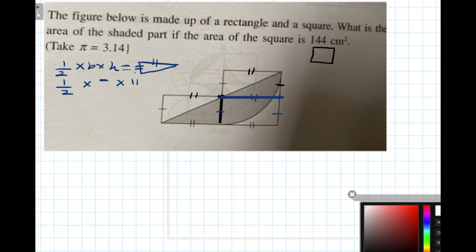So let me move over first. I move this shaded over to here. So here becomes shaded. And then, oops. Here becomes unshaded.